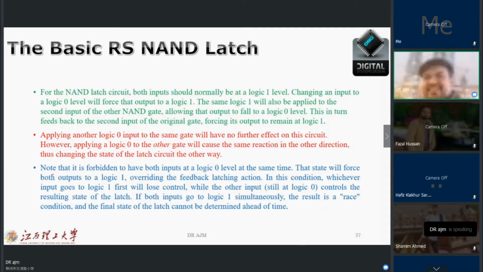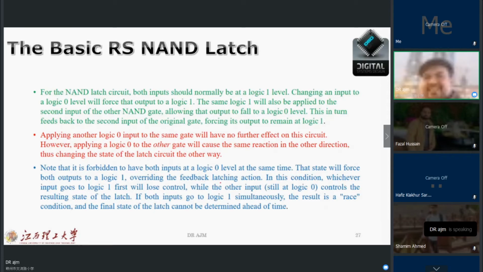Please note that it's forbidden to have both inputs at logic 0 level at the same time, and that state will force the outputs to logic 1, overriding the feedback latching action.